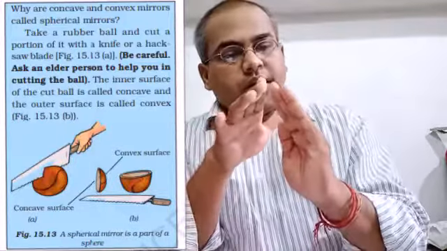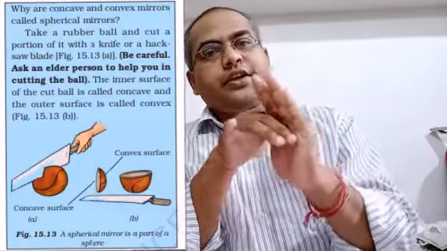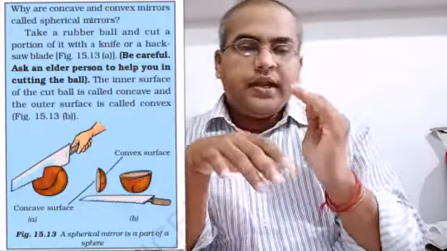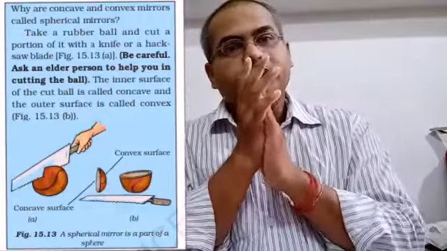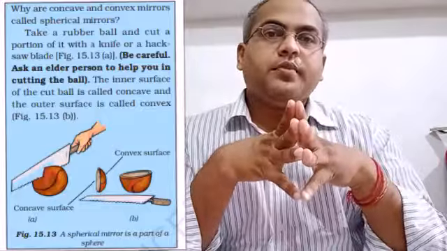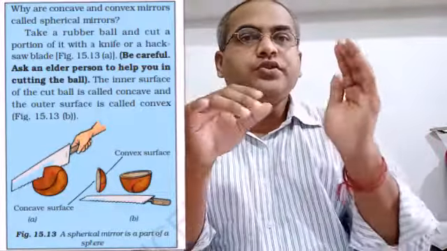So for a spherical mirror, if the reflective surface is concave, it is called a concave mirror. You have to remember this very well, because sometimes students get confused.